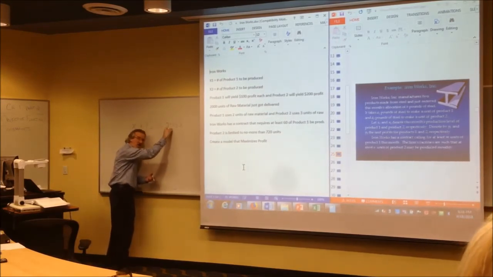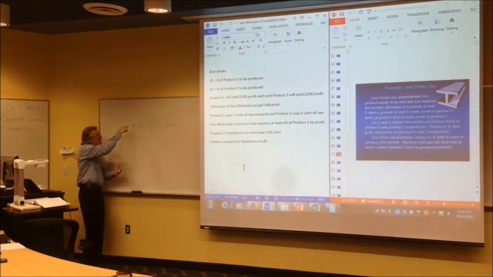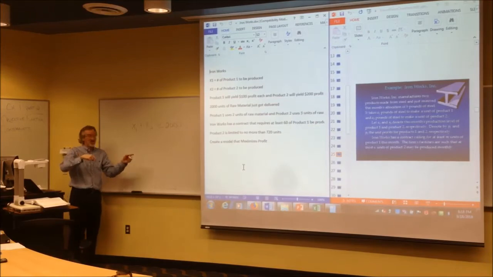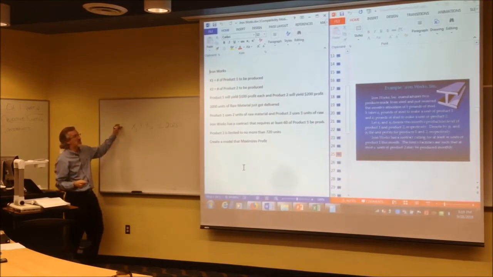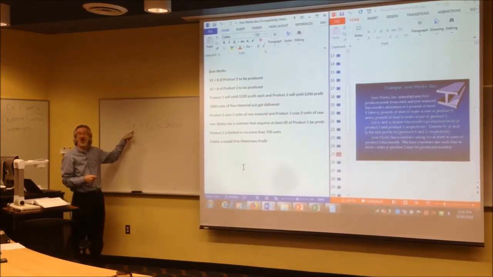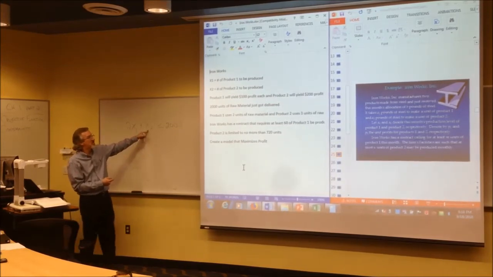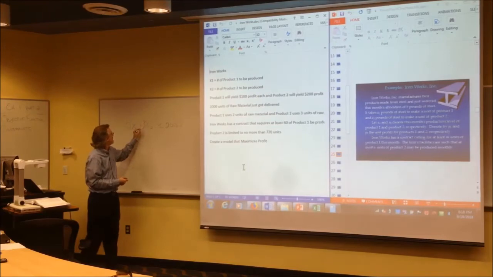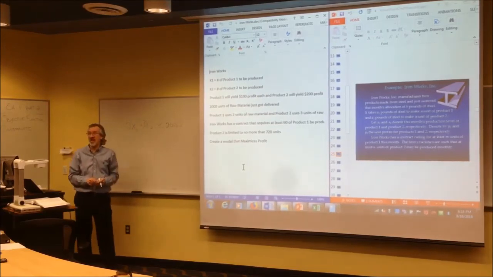This is how much in pounds of steel we could use. I have to convert how many into how much steel we're using. So X1 uses how much steel? 2. So 2 times however many X1s is using of steel. And X2 is using how many units? 3. 3 times however many X2s we're going to make.